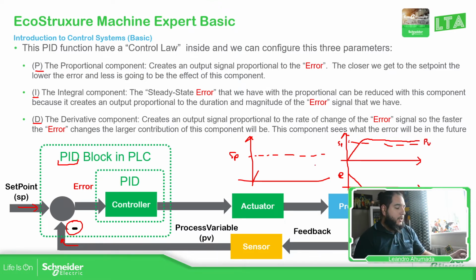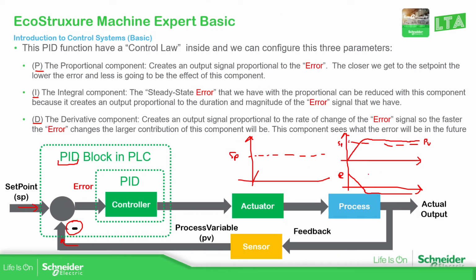There we go. So you can see the error probably, with this proportional, the influence of the proportional will be less and less until, how can I explain this part?